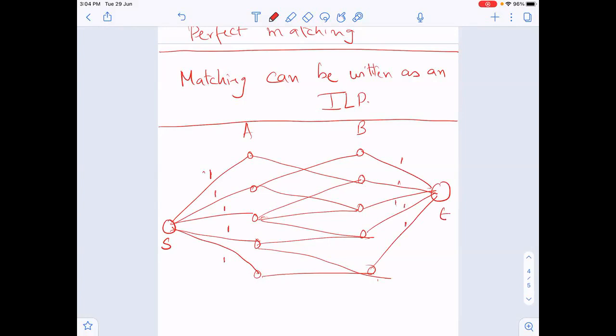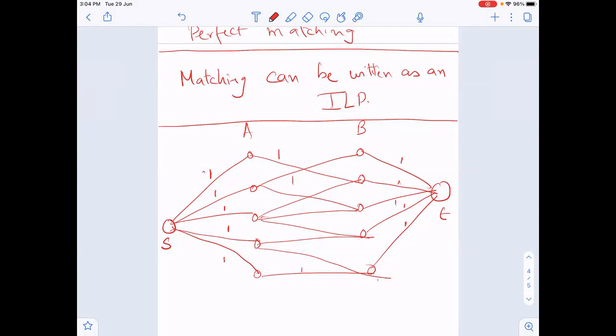For all the middle edges, I can put infinity, or I can put 1. So if I solve the flow for this problem, what will I get?